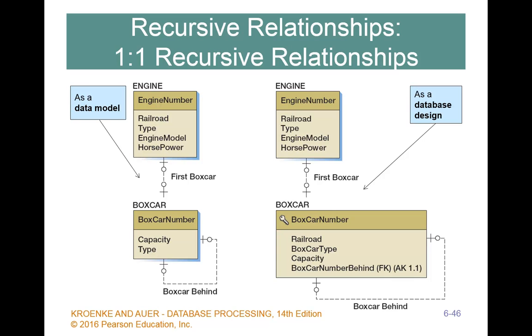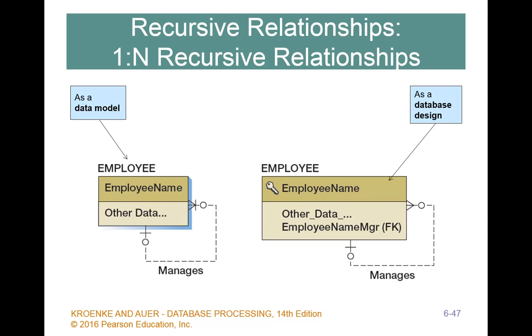But essentially, for recursive relationships, all of the same principles that we talked about for our one-to-one and one-to-many relationships in terms of foreign key placements apply the same way as if we had a binary relationship as opposed to unary. So again, all of those concepts for foreign keys apply.